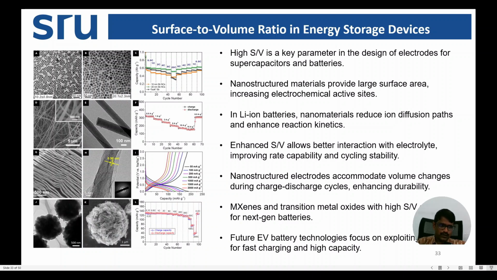Of course, the surface area will differ from one to another. I will explain which nanostructures have the higher surface area to volume ratio.